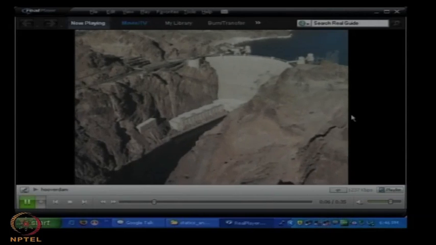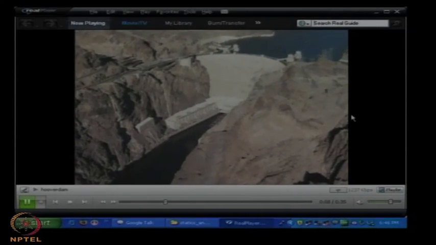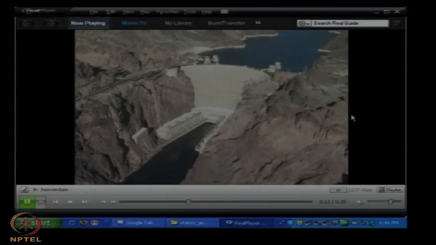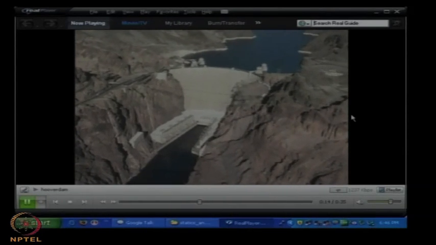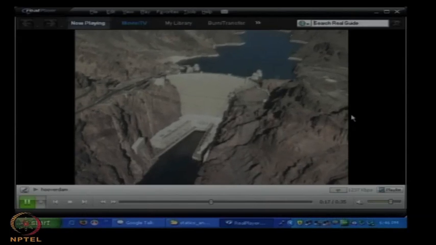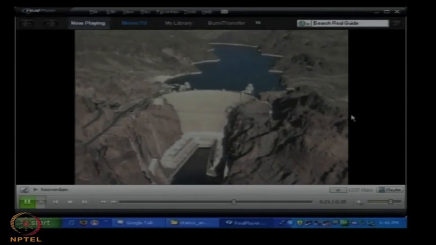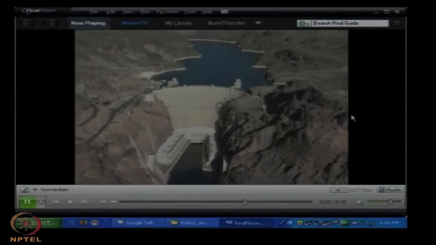Of course, when the water is very dynamic, then you do not consider only fluid statics, but you consider even the dynamic effect of water as it is impinging on the surface.